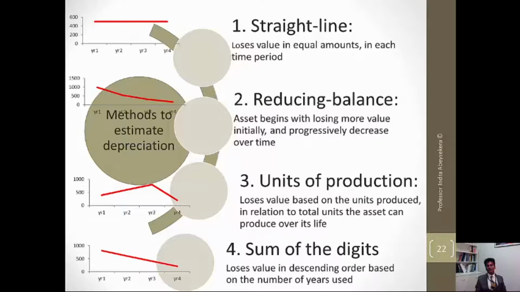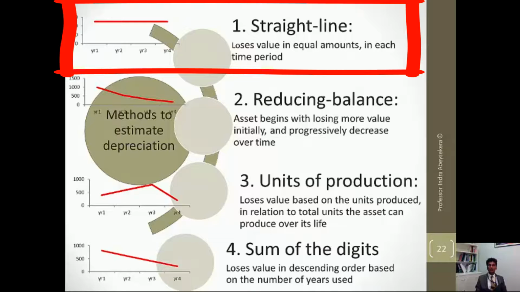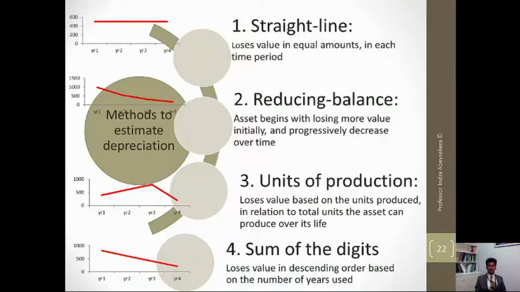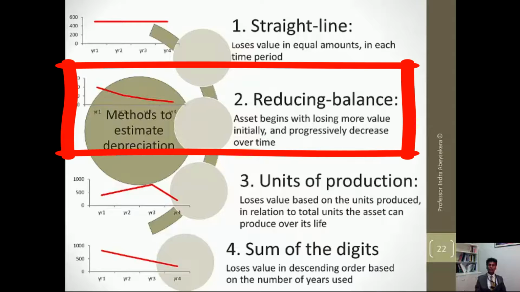So I mentioned to you four methods to estimate depreciation. The first one is straight line. We estimate that the asset loses value in equal amounts in each time period over its useful life. Reducing balance method, we estimate the asset loses more value initially and then progressively it decreases over its useful life.